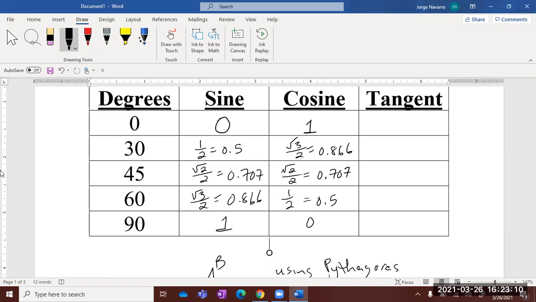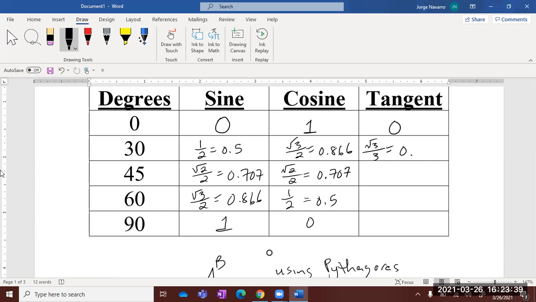Now, as it comes to tangent, I can tell you that the tangent of 0 degrees is 0. If you go back to your notes, the tangent of 30 is root of 3 over 3, which is, I can't recall this one, let me double check that. I will plug root of 3 over 3 into my calculator.